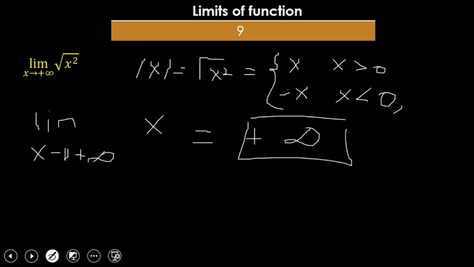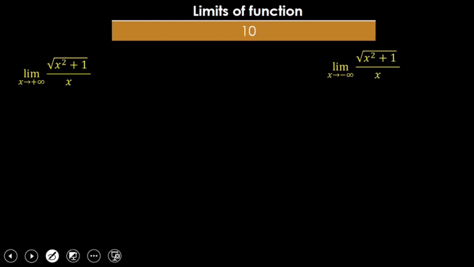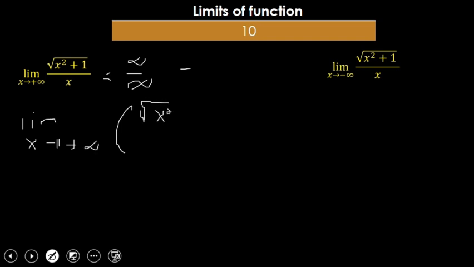Then move to the next question. That is the limit as x tends to plus infinity of the square root of x squared plus 1 all over x. We still use the same strategy. If you substitute directly, first of all, you're going to have infinity all over infinity and it's undefined. So we move to the limit as x tends to plus infinity of square root of x squared into square root of 1 plus 1 all over x squared, because we took out this x squared, all over x.